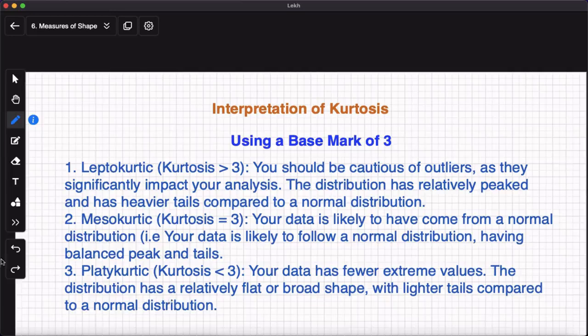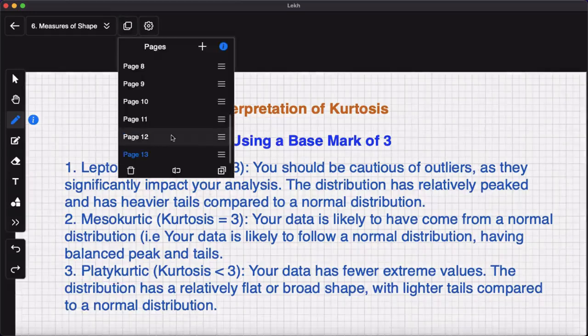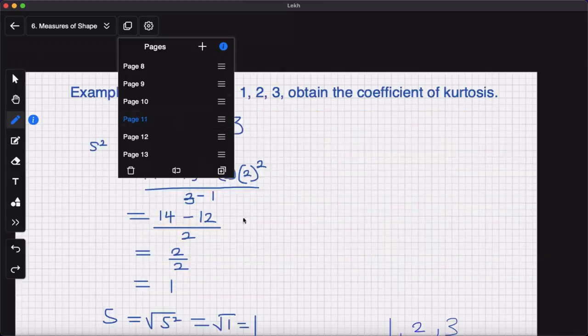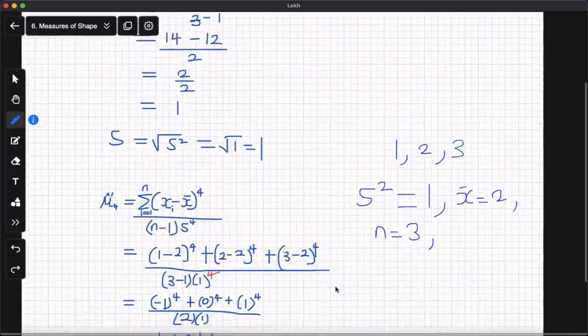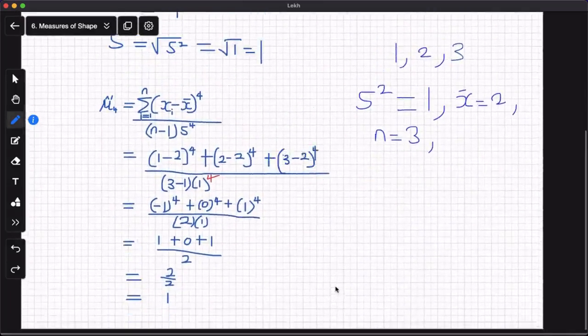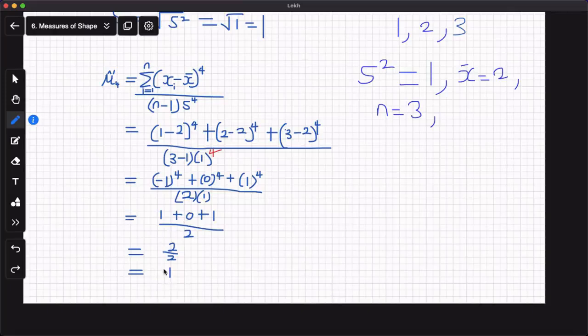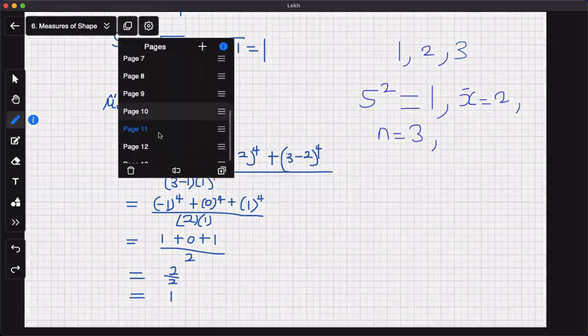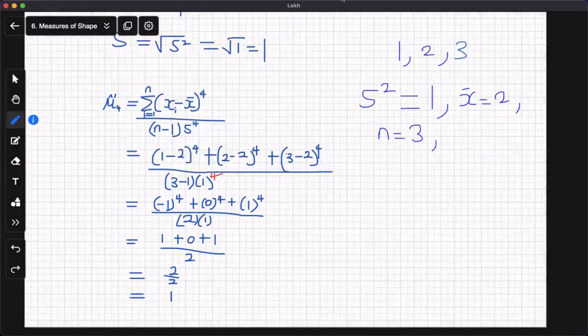So the distribution that we just looked at is actually platykurtic. According to what we obtained, the coefficient of kurtosis is 1, and that means that it is platykurtic.